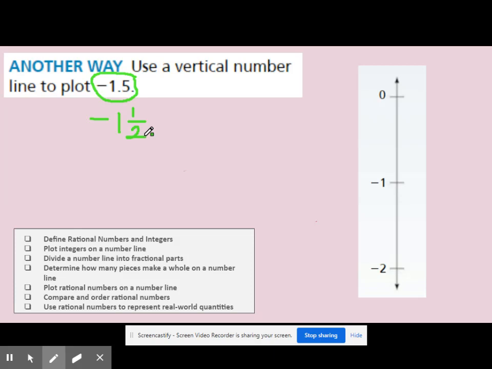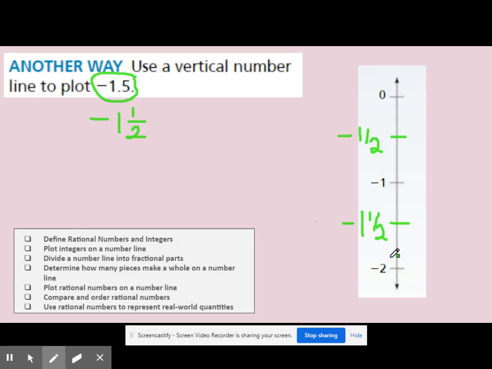And if you have a TI-15, you actually have a button on here that has F double arrow D. It changes from fraction to decimal for you. So this one is not going to be too bad. Here's 0. This is down a half. That's down 1 whole. This is down 1.5. That's down 2 wholes. So I'm counting by halves.